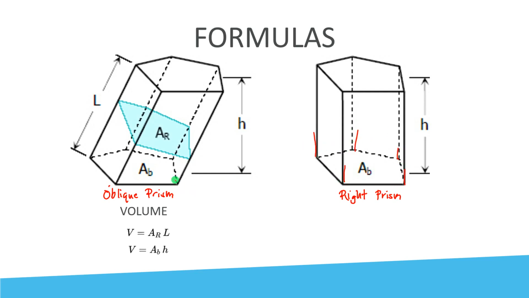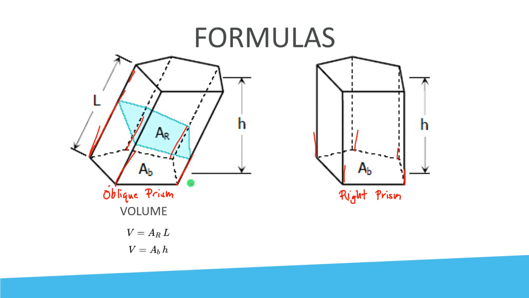Unlike here, in an oblique prism, we have an angle of inclination of the lateral faces with respect to the base, so this lateral side is not perpendicular to the base.